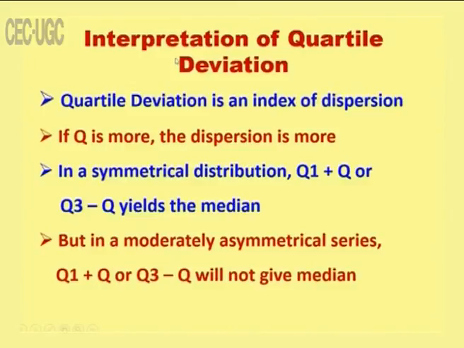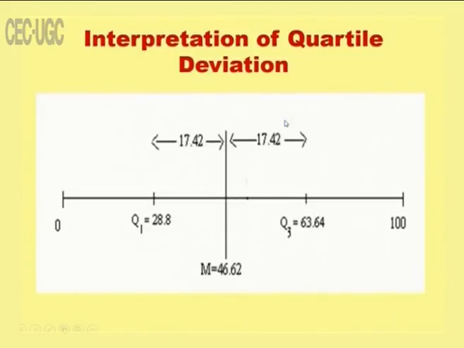And now, what is the interpretation of quartile deviation? Quartile deviation is an index of dispersion. If Q is more, the dispersion is more. In a symmetrical distribution, Q1 plus Q or Q3 minus Q yields the median, but in a moderately asymmetrical series, Q1 plus Q or Q3 minus Q will not give you the median.